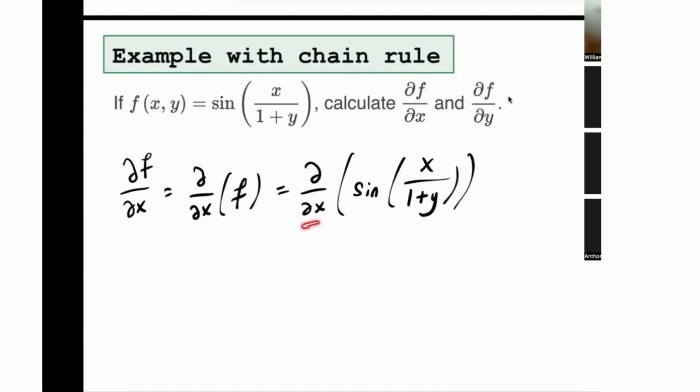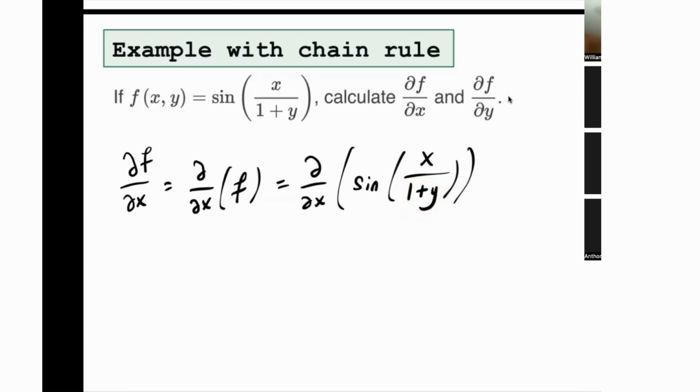Now, since I'm differentiating with respect to x, this part is just a constant. So you think about how would you have differentiated, in Calc 1, d by dx of sine of 8x? Well, first you take the derivative of sine as cosine, and then you have to multiply this. Let's see, I kind of ran out of space there.